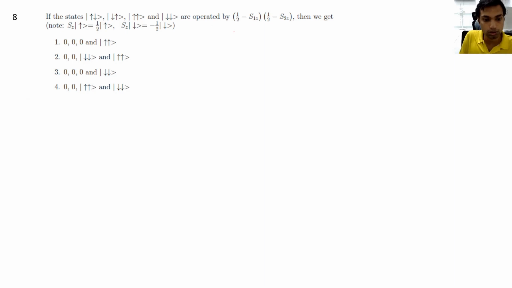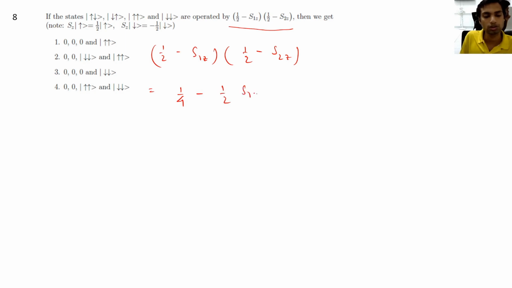So we have this operator. The operator is (1/2 - S1z)(1/2 - S2z). If you simplify this, it is 1/4 - 1/2 (S1z + S2z) + S1z S2z. This is your overall operator.